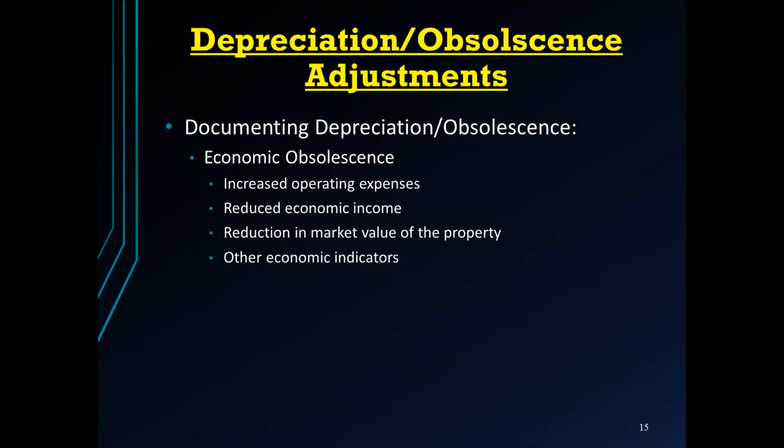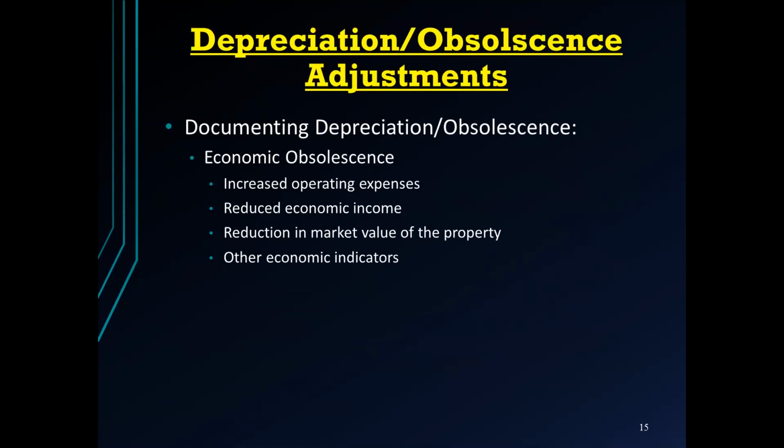So you could see increased operating expenses without that indicating obsolescence. By itself it does not mean there's obsolescence, but it could be an indicator, for example if they have increased operating expenses because of a material shortage, things outside of their control.